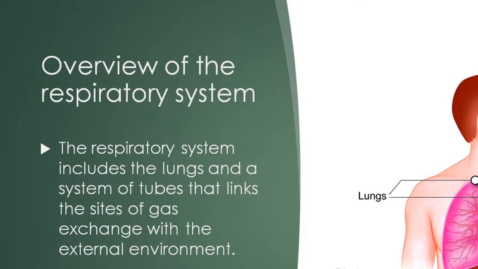So we have oxygen in the external environment, and we need to bring this oxygen to the blood. And blood will carry this oxygen to all tissues and cells of the human body.